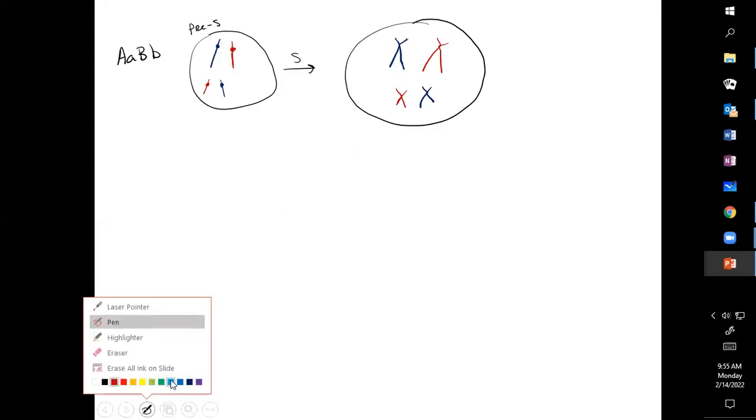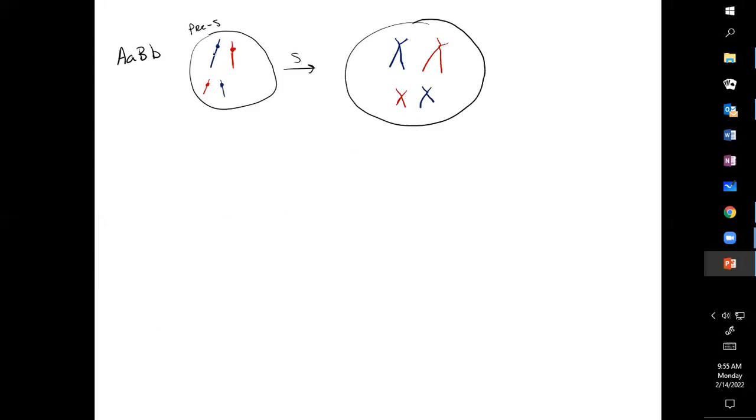And let's go back here to before replication occurred. So the locus for gene A was on chromosome 1. Let's make up a locus, and let's say the dominant allele was on the paternal chromosome, and the recessive allele was on the maternal chromosome.